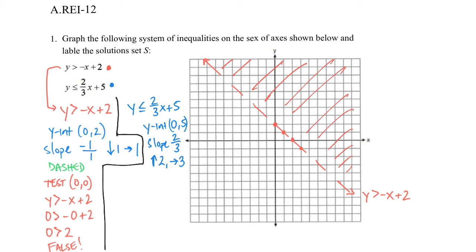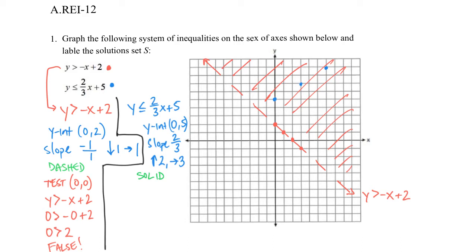So I'm going to start at (0, 5). 1, 2, 3, 4, 5. And this tells me to go up 2 and right 3, up 2 and right 3. And I notice that this one has less than or equal to, so that means this line is going to be solid.